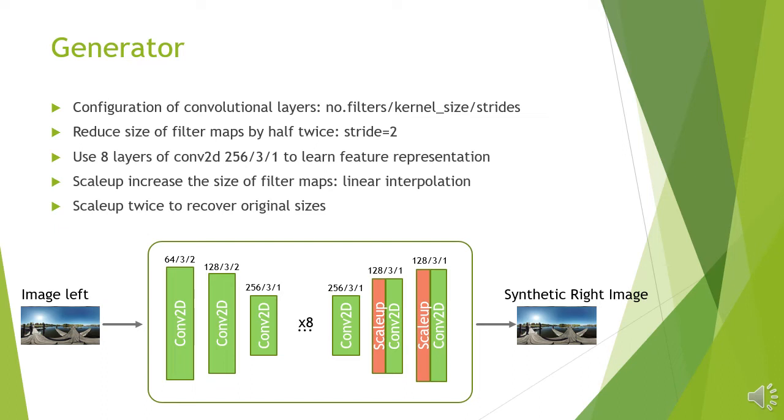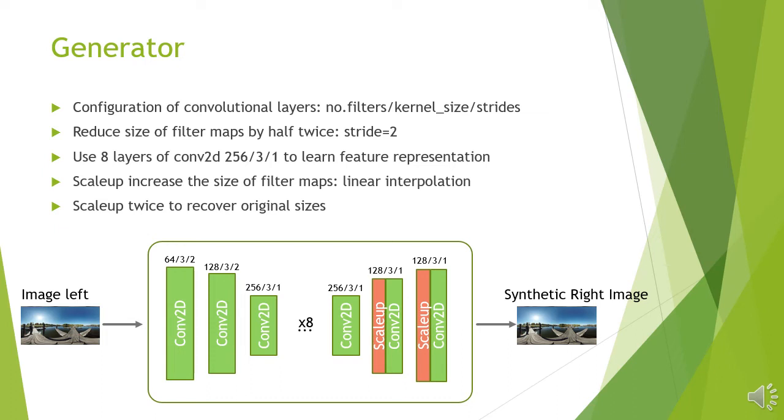Now, let's go into further detail of this figure. As you can see, there are several numbers on each layer. The first number is the number of feature maps. The second one is the kernel size, and the third one is the stride. Stride equal to 2 means that it will reduce the size of the feature map by 2.